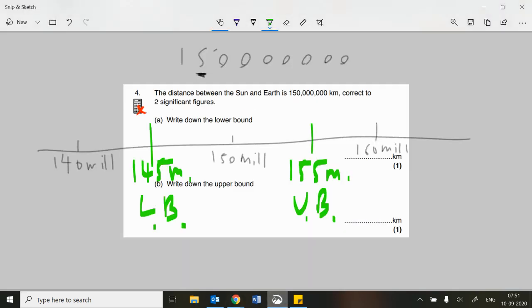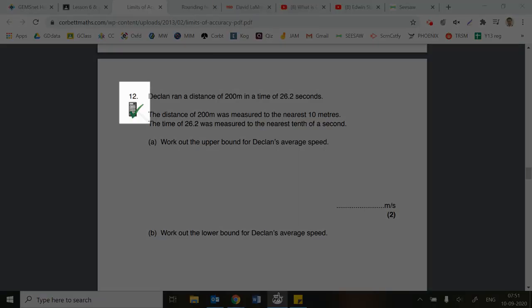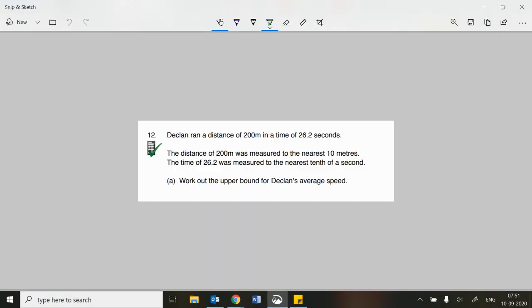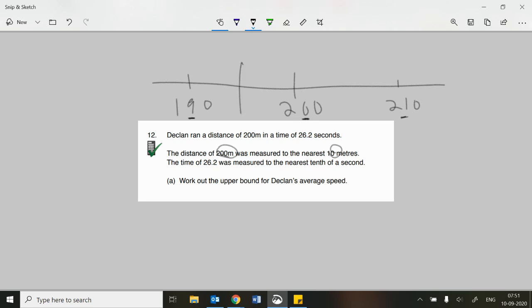So for this question, question 12, they say Declan ran a race of 200 meters in a time of 26.2 seconds. The distance of 200 meters was measured to the nearest 10. So there you're going to write 200. There's the nearest 10. So you're going to go to 210, and you're going to go down to 190. Okay, and then you find your halfway point. So there are your lower bounds and your upper bounds. But with the seconds one, it says 26.2 has been rounded to the nearest tenth.